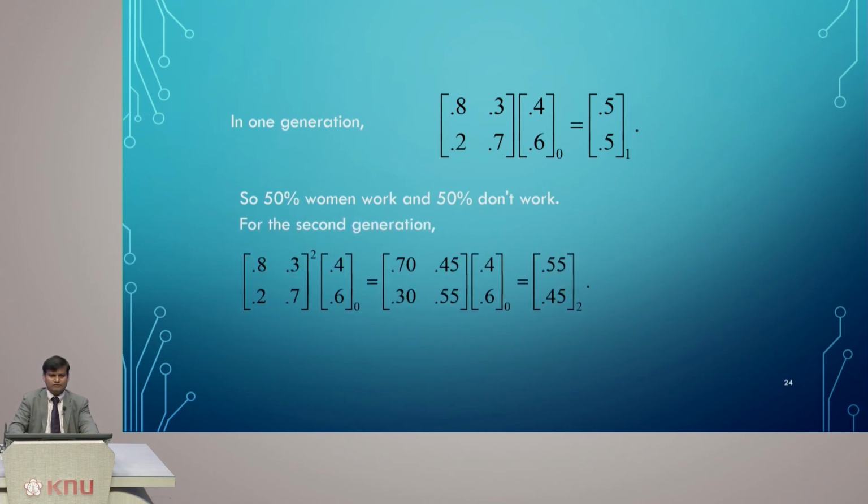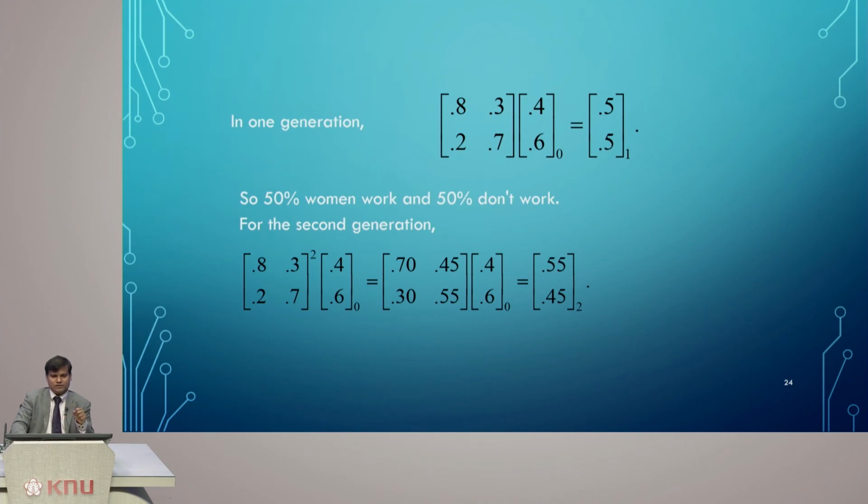Again, you can find the second generation. So what we do is, in fact, we take the square of the given transition matrix and then multiply it with the initial distribution.